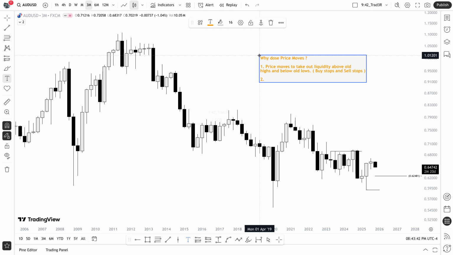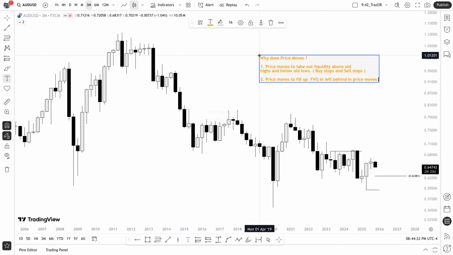So reason number two: price moves to fill up fair value gaps, FVGs, left behind.